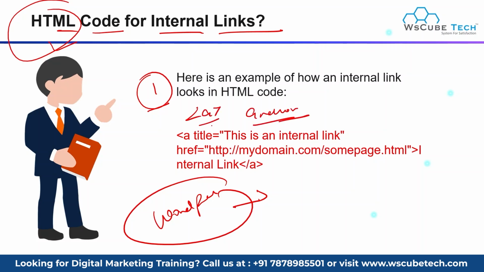This is one of the tags of your HTML code. A tag we are using here, that is your A. Title, this is an internal link. This is the text of this particular link. Then href equals, and this is the link, whatever link you want to connect with your link text.